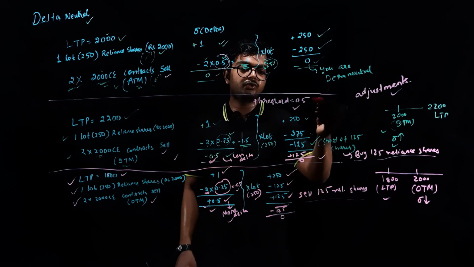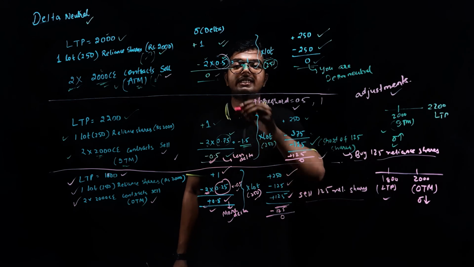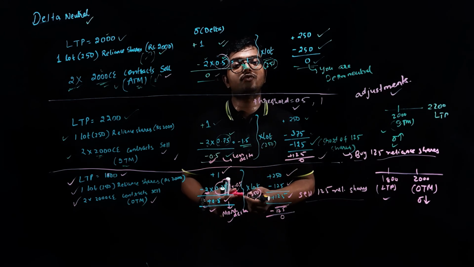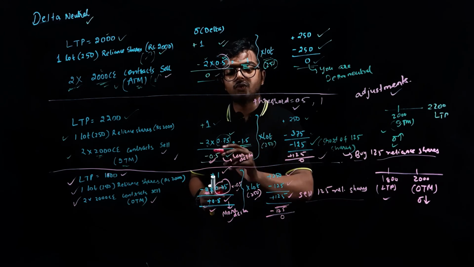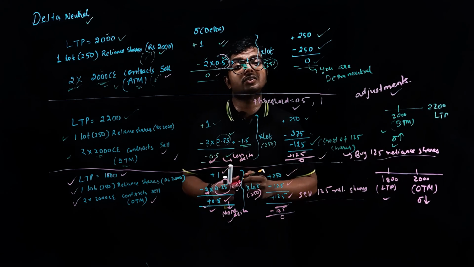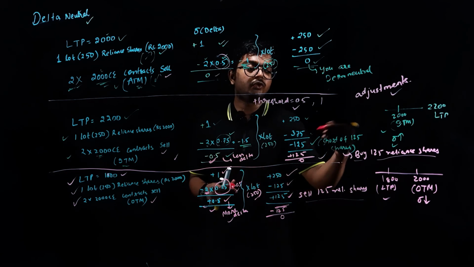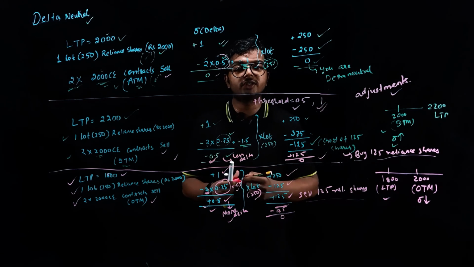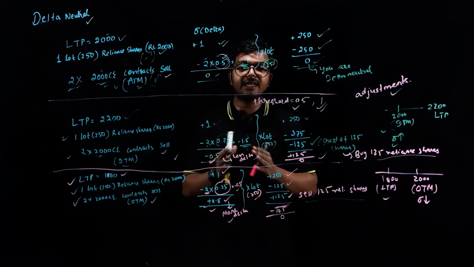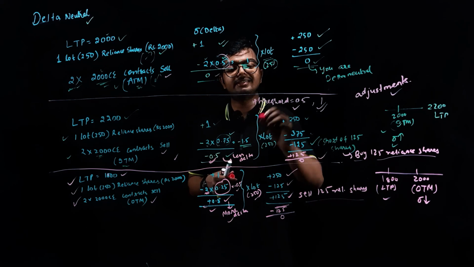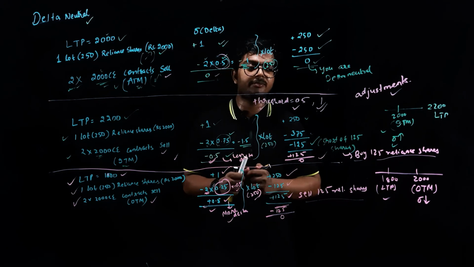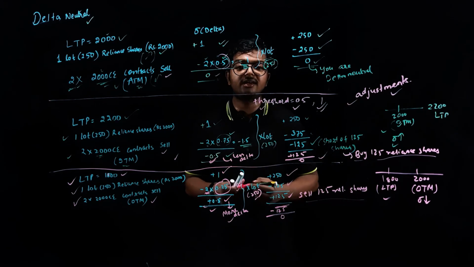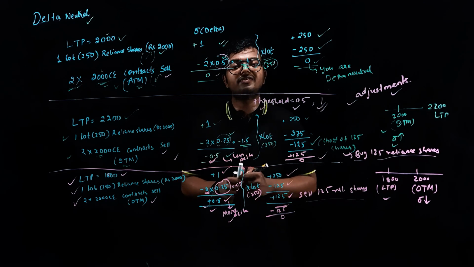So for example you choose that threshold to be 1, then whenever delta changes by 1, say for example here it was 0, say for example here it becomes minus 1, then only you do adjustments. So this threshold thing is completely dependent upon you. Depending on market situation and scenario, you need to decide what threshold you want to give, and accordingly make the adjustments. So I hope this video is clear.